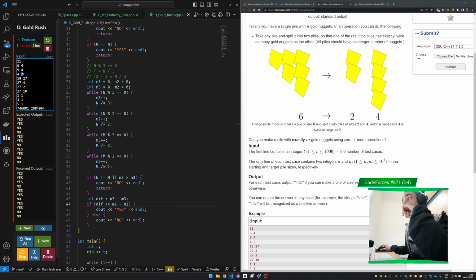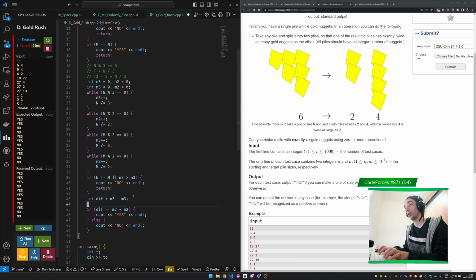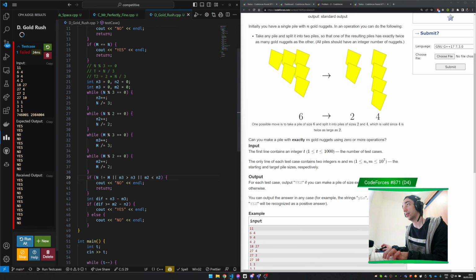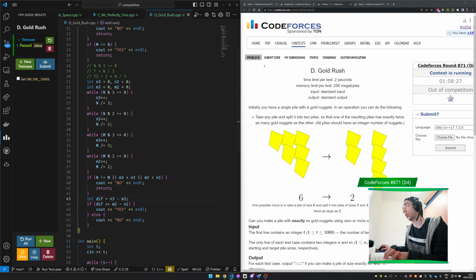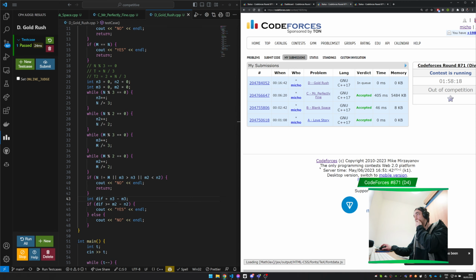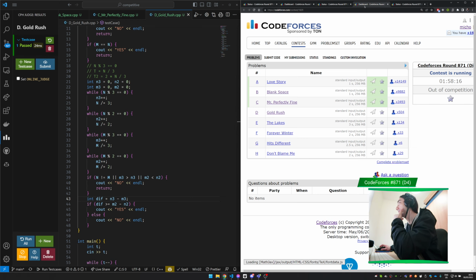So also m2 should be bigger or equal to m. If it's smaller, then it's not okay. Okay. I think they should pass, but I don't know, we'll see.